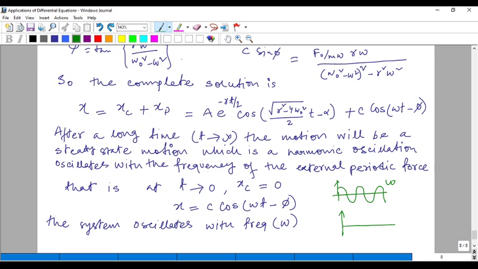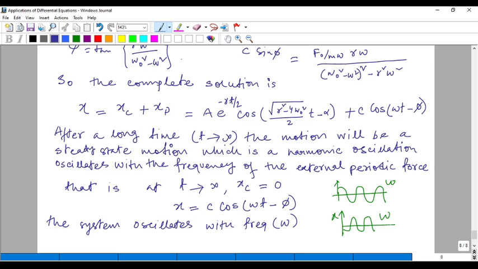That is why I am writing same frequency, same frequency. In the steady state motion, that is, the motion will be steady after a long time, at t tends to infinity, the complementary function is 0, and we see that x equal to C cos of omega t minus phi.